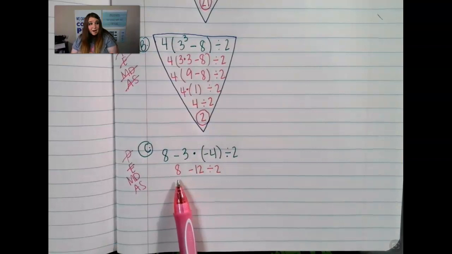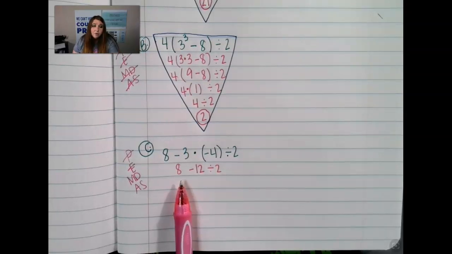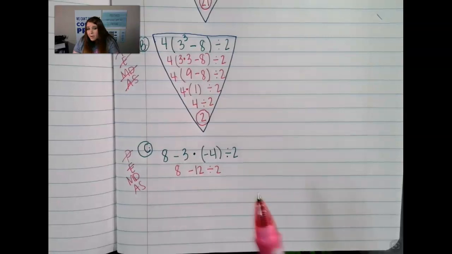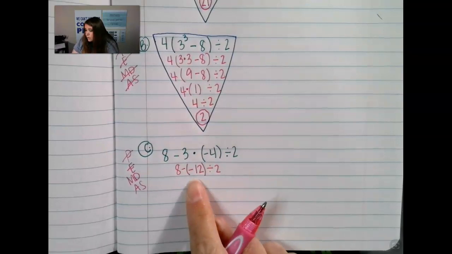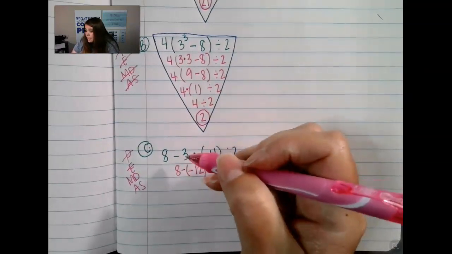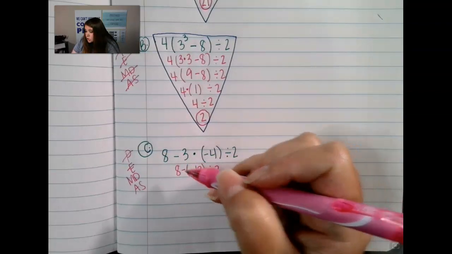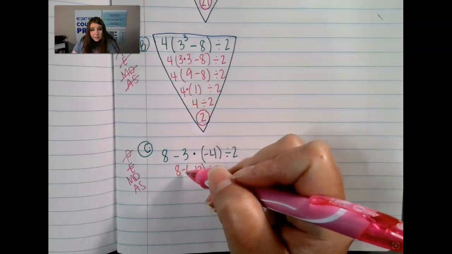Okay, now this is really weird right here because I have 8, oh, I forgot my minus sign. So there's my negative 12. So I had 3 groups of negative 4, which is negative 12. I then needed to still bring down this subtraction sign here.